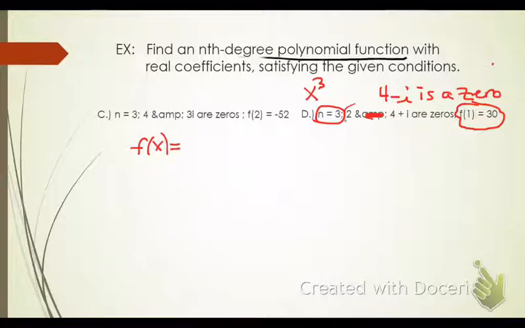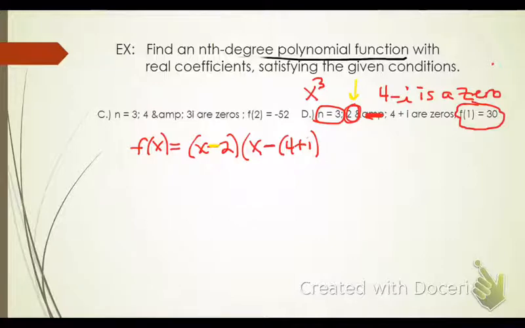We know that if 2 is a zero, then x minus 2 is a factor. If 4 plus i is a zero, then x minus that zero is a factor. Notice that when you know 2 is your zero, you change the sign.